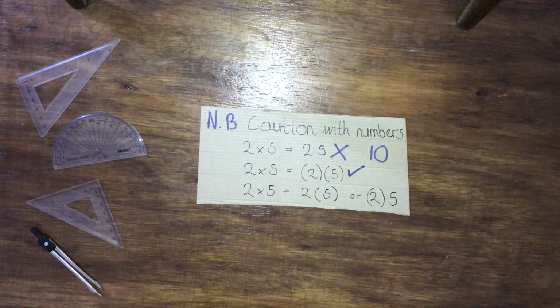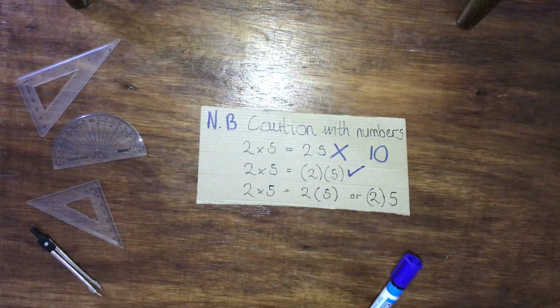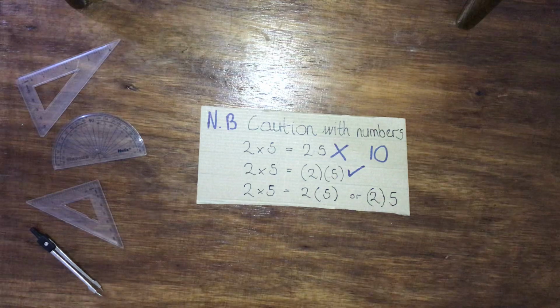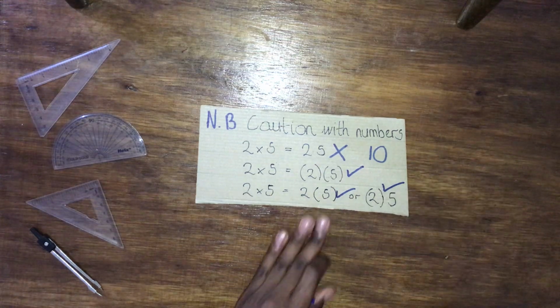On the last line, 2 times 5 is equal to 2 in brackets 5, or 2 in brackets and 5. Now, we can see that these are exactly the same thing, its intention meaning to multiply the 2 and the 5, both giving us an answer of 10, both being very correct.